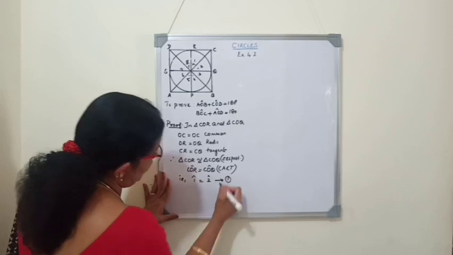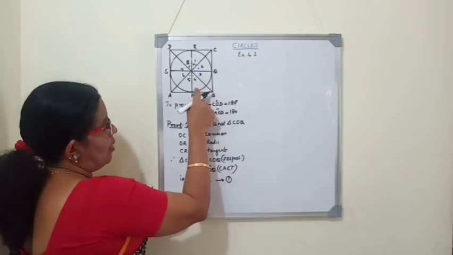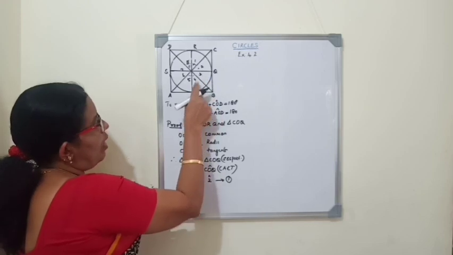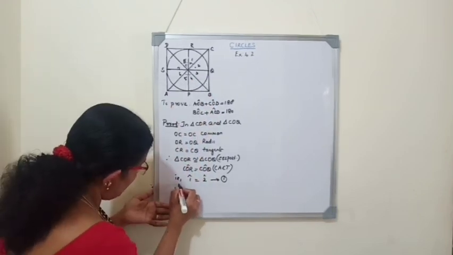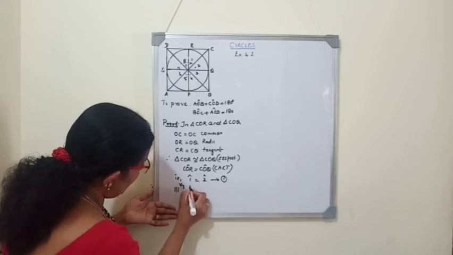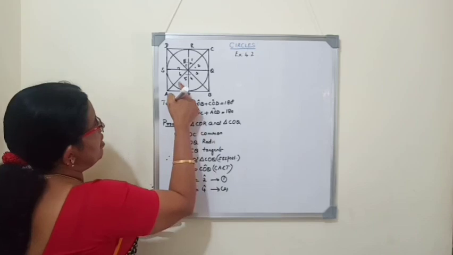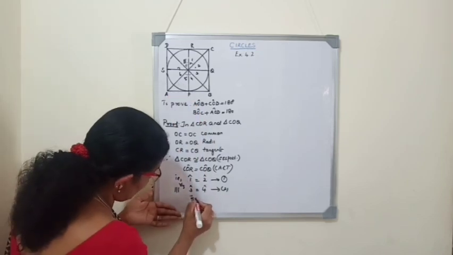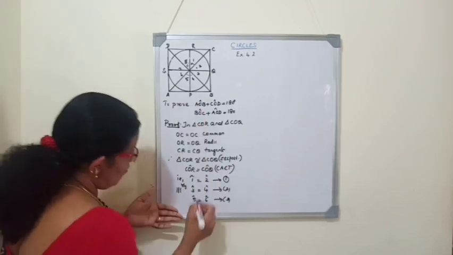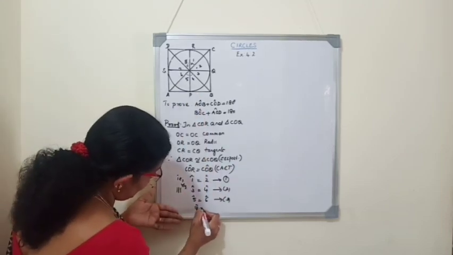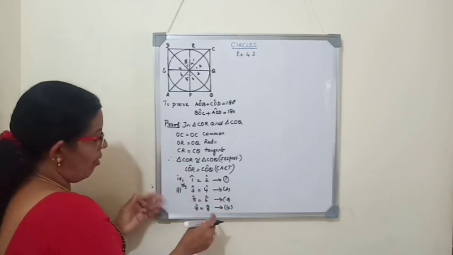Let it be equation 1. Similarly, angle 3 is equal to angle 4, equation 2. Next, angle 5 is equal to angle 6, equation 3. And the last, angle 7 is equal to angle 8, equation 4.